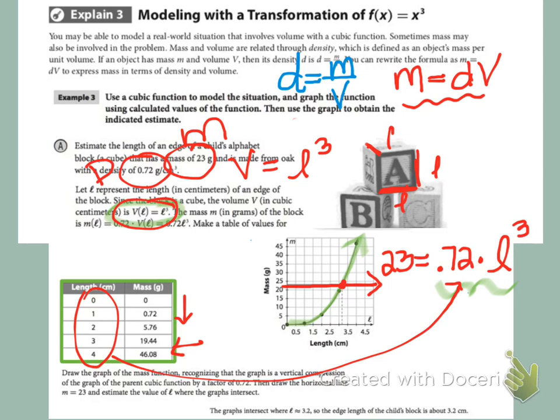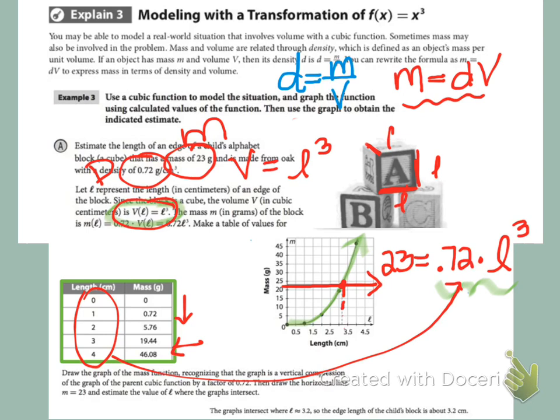And so one thing that we could do is graph this on a graphing calculator to get a better approximation, instead of just looking at the graph here and saying, okay, it's between 2 and, say, 3.5.